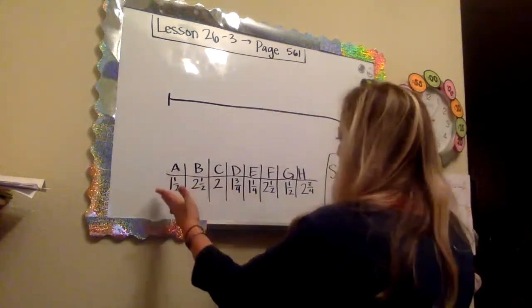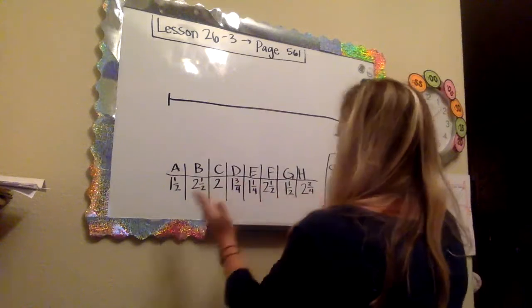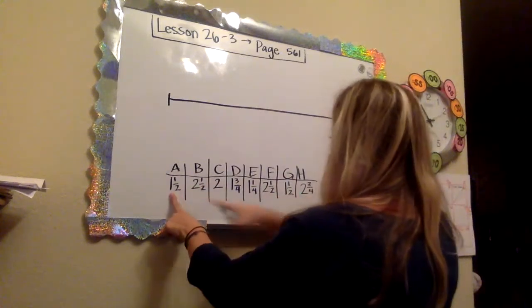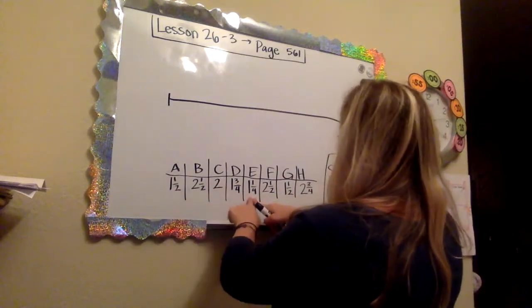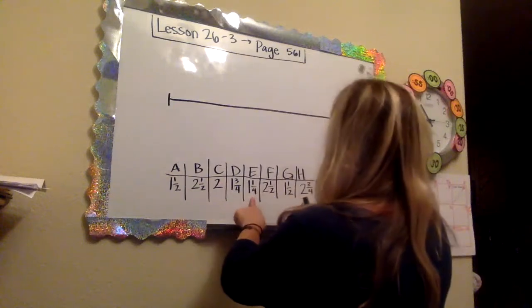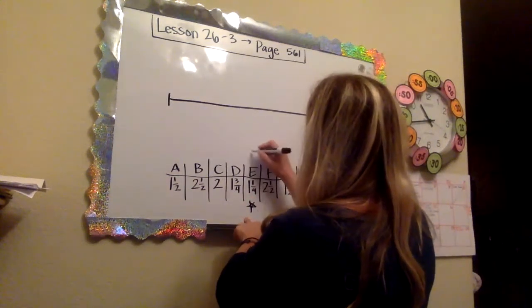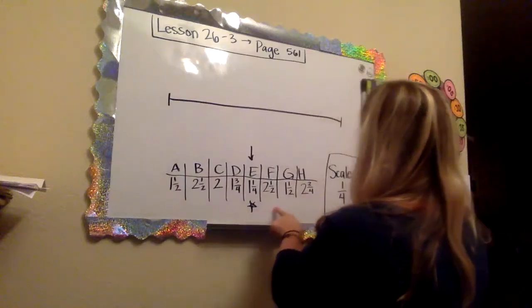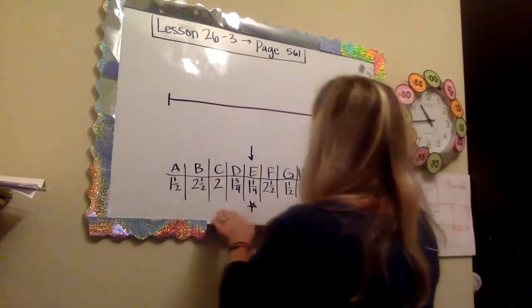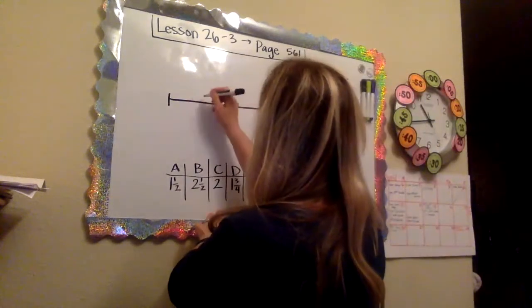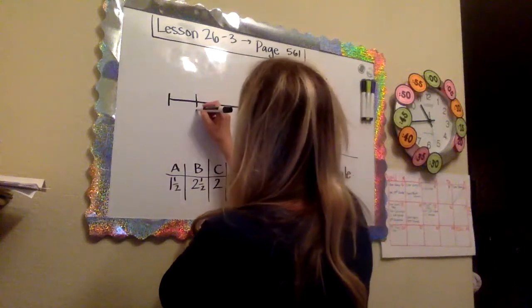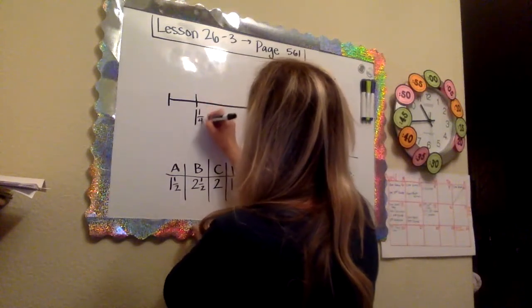Now I'm going to look and see the smallest number on my scale. 1 1/2, 1 1/4. So 1 1/4 is my lowest. And now I'm going to put that on my number line. So I have 1 1/4.